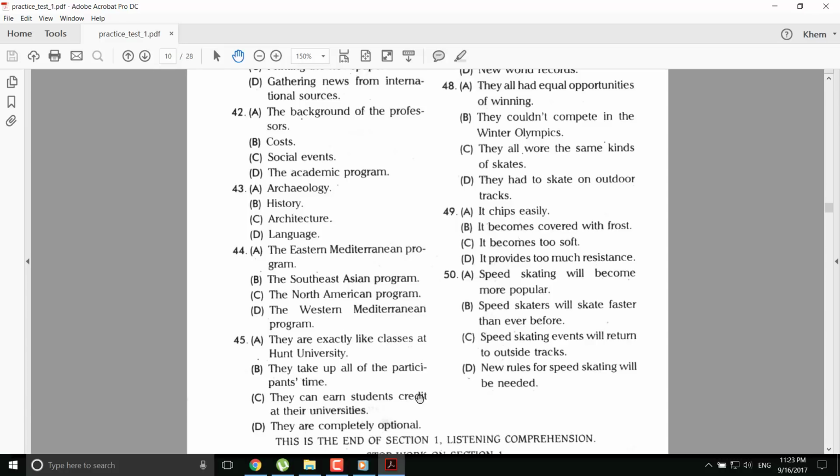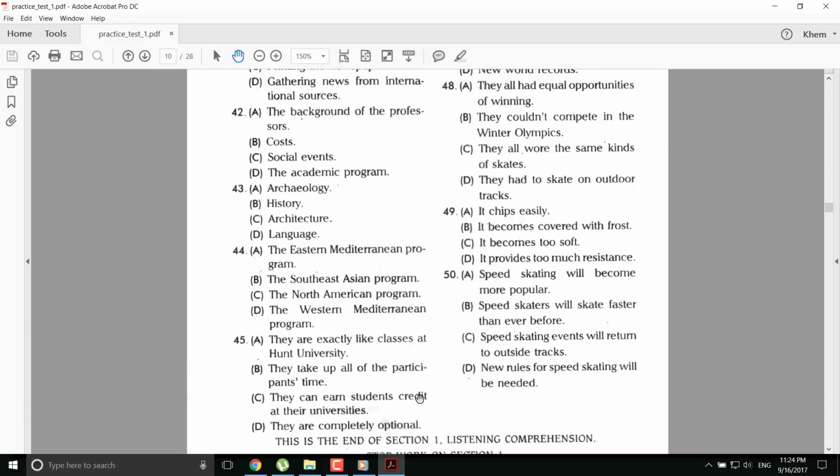Number 42. What aspect of the Semester Afloat program does Professor Mackenzie's talk focus on? Number 43. What did Professor Mackenzie teach during the Semester Afloat programs? Number 44.